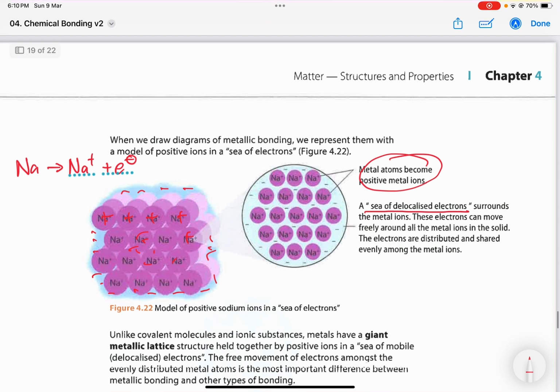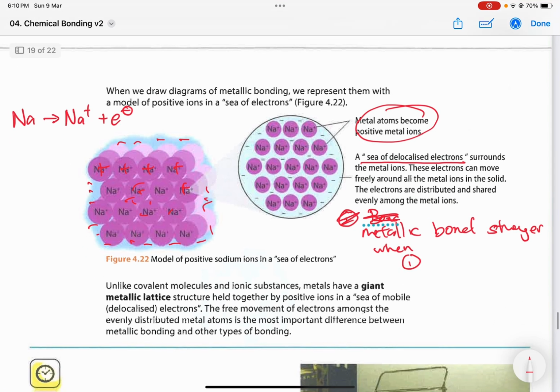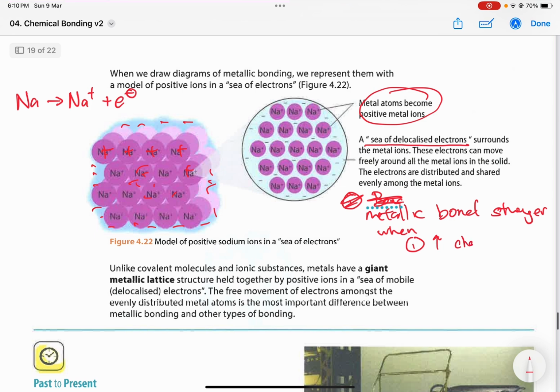Now, take note, the metallic bond will become stronger when two things happen. One, you increase the charge of the cation. The greater the positive charge, the stronger the attraction will be.